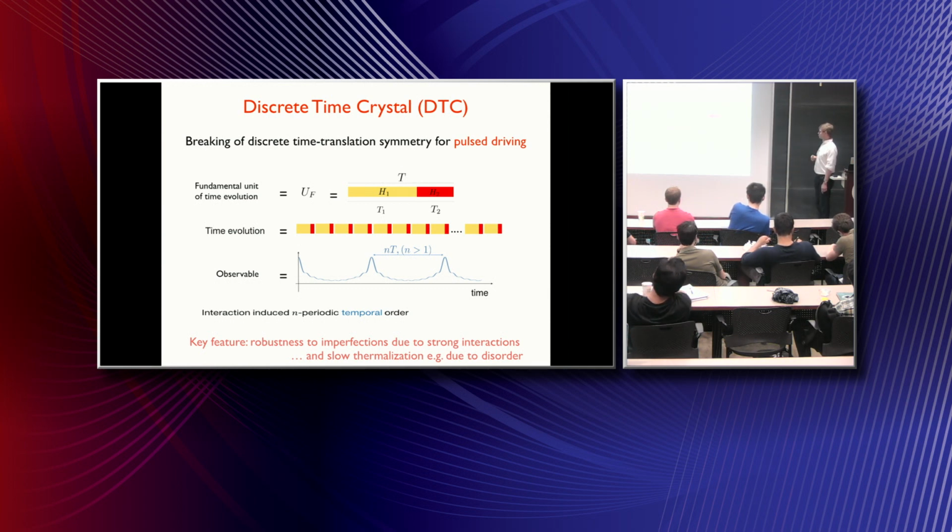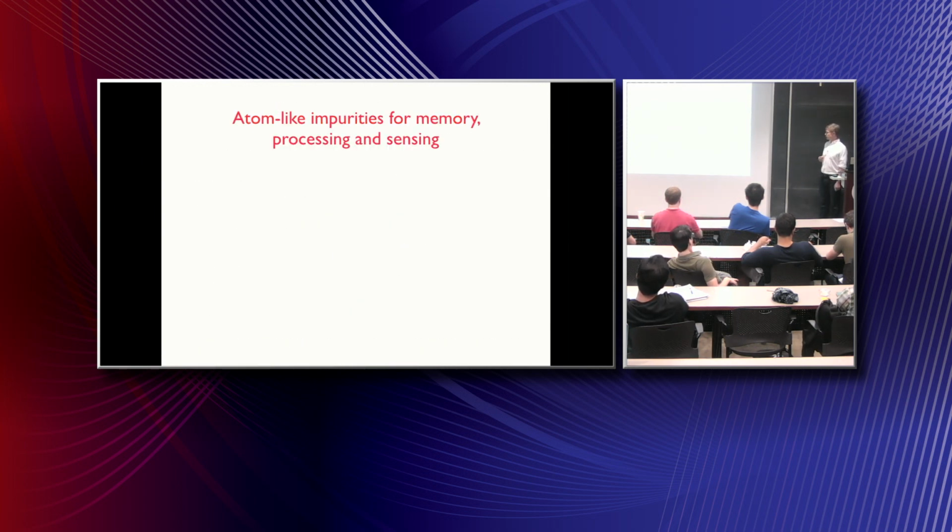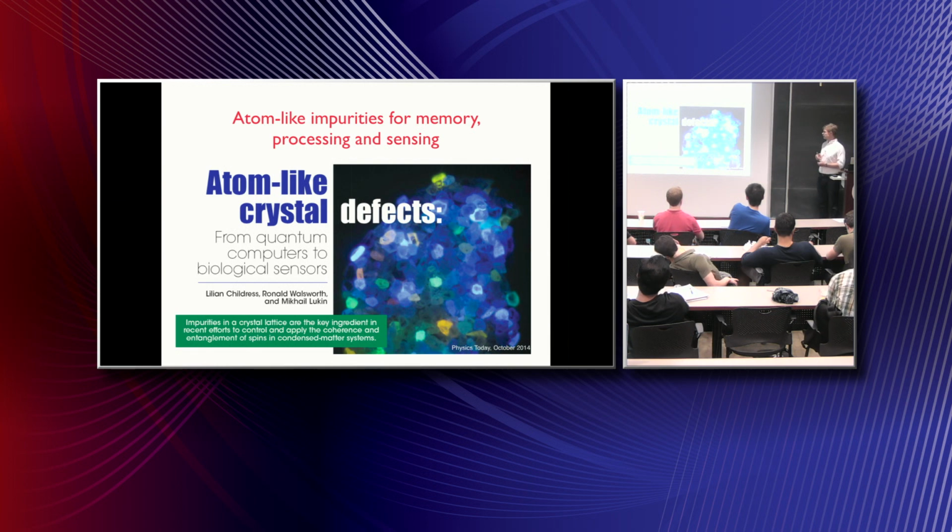So I would like to now talk about the experimental system in which we implemented such discrete time crystals. The system I will be talking about today involves atom-like impurities in wide band gap semiconductors, in particular in materials like diamond. These impurities are usually what gives diamond its color.